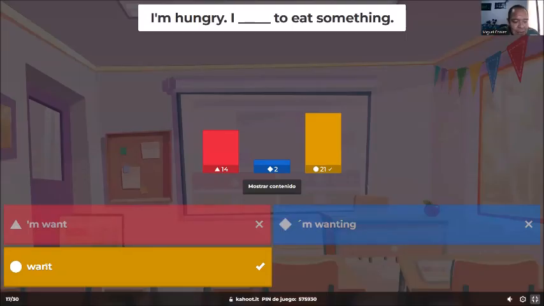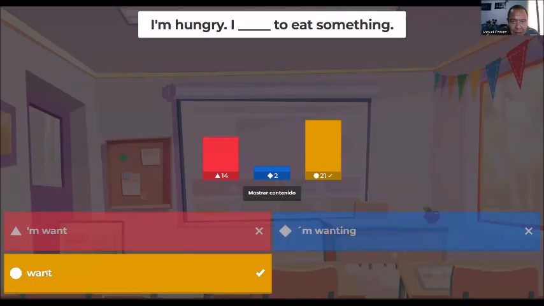Remember that static verbs like want are always in simple present.